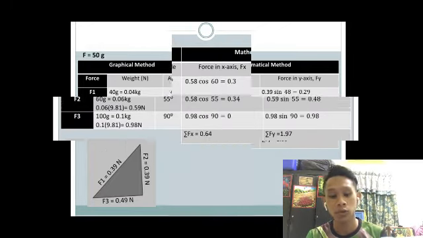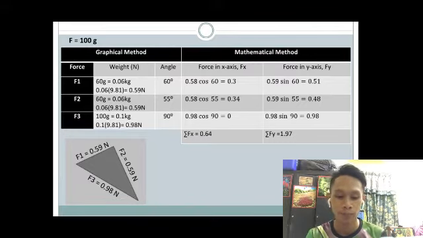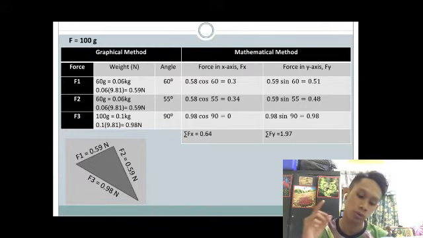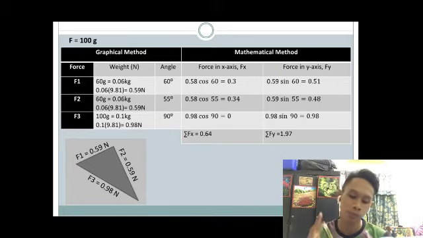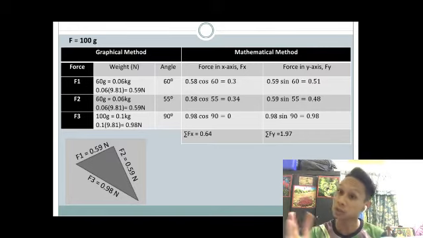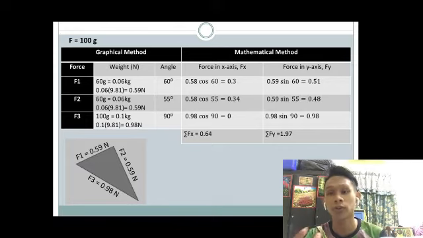For table 2, which is 100 gram, we also use the same weight for force 1 and force 2, which is 0.588 Newton, but at different angles, which are 60 degrees and 55 degrees.